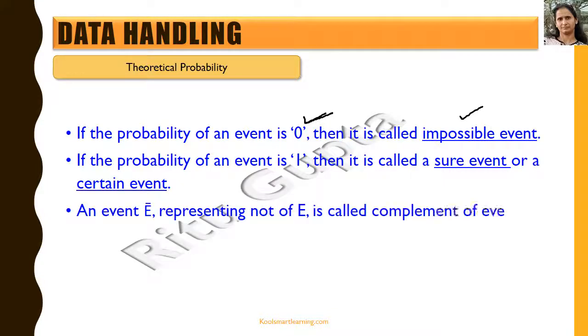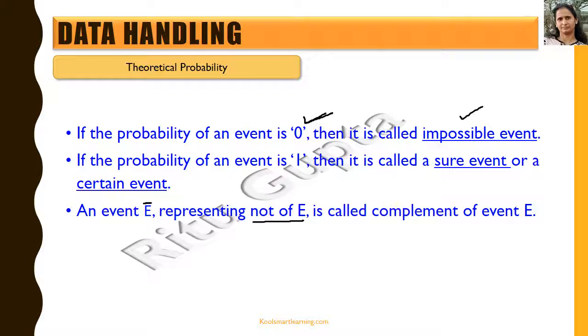An event E bar, with a bar over the E, represents an event which does not have E, so it is not E. It is also called the complement of event E. Say for example, we will continue to talk about dice so that we understand the different terms related to probability using the same experiment.